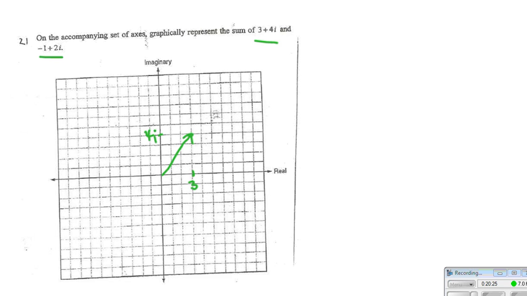Now, using blue, I'm going to mark the second one, -1, and then +2. If they want us to combine those two things together by addition, then what are we going to do?